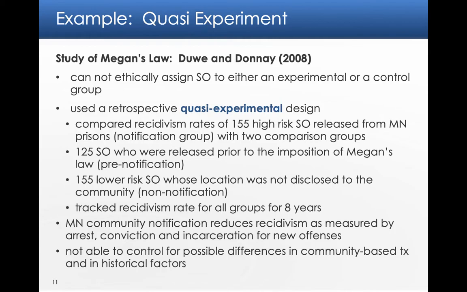They looked at recidivism rates for all three groups for 8 years. Minnesota community notification does reduce recidivism as measured by arrest, conviction, and incarceration for new offenses. But they were also not able to control for all possible differences in community-based treatment and people's historical factors.